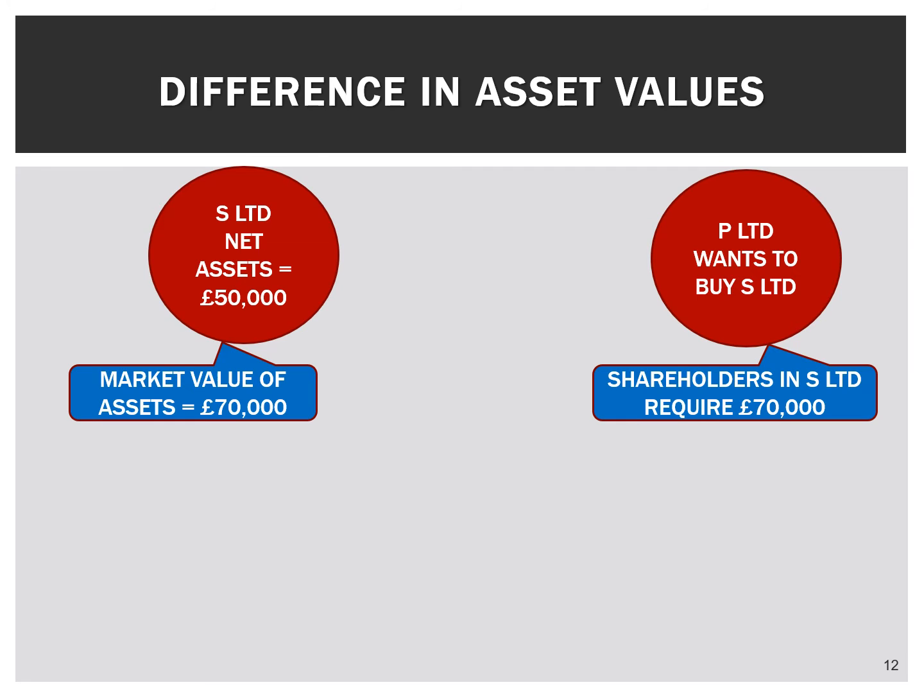If we draw up a set of accounts after the purchase, the net assets in the subsidiary company's statement of financial position will still show a total of £50,000. But in the parent company's balance sheet, the investment figure will be £70,000.